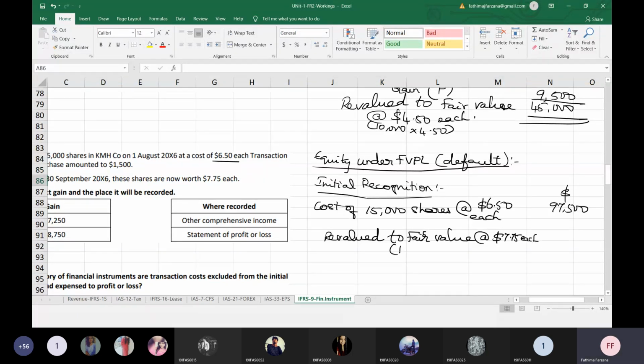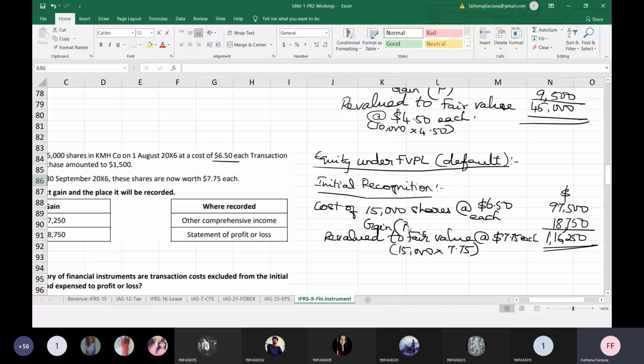So it is 15,000 into $7.75. How much are you getting? 1,16,250. If you balance it, 18,750. This is your revaluation gain, right?